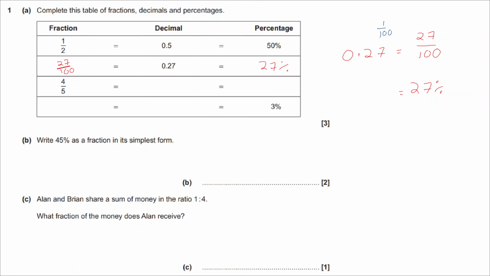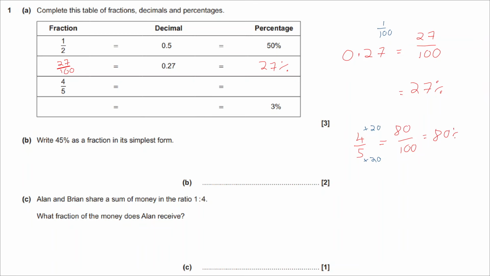Now, this one, we've got 4 over 5. To get it to become a percentage, it's got to be out of 100. To get from 5 to become 100, you can times by 20, and do the same thing on the top. So equivalent fractions, 4 times 20 is equal to 80, so 80 out of 100, which is equal to 80%.